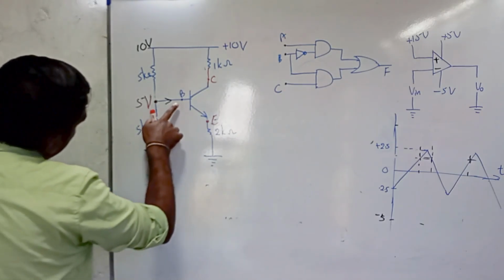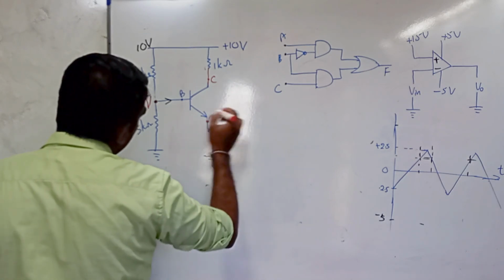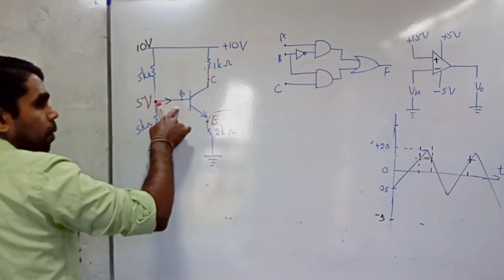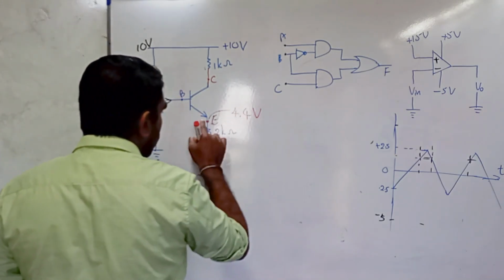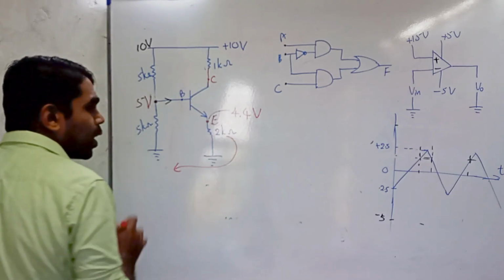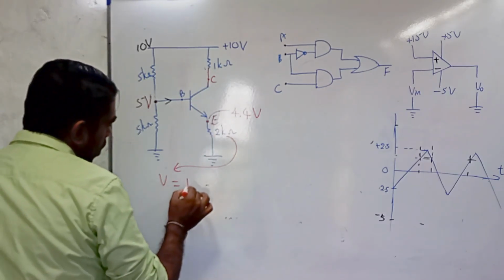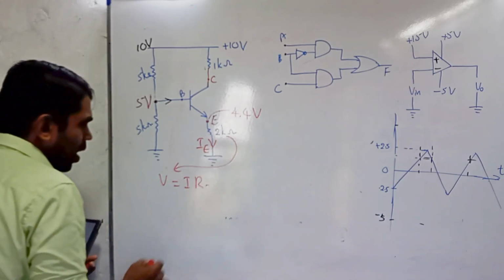Then they have given that the potential difference between B and E is 0.6. Therefore, VE should be 0.6 less than VB, so it is 4.4 volts at this point. Then we can use V equals IR for this 2 kilo ohm resistor to find the emitter current IE.